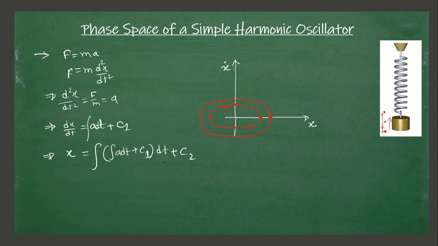If you stretch from the initial position by this amount, it gives you this trajectory. So by specifying a position in the phase space, we can uniquely specify the phase space trajectory of that motion.